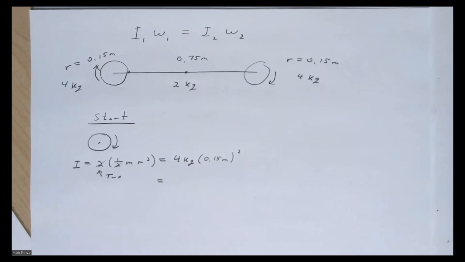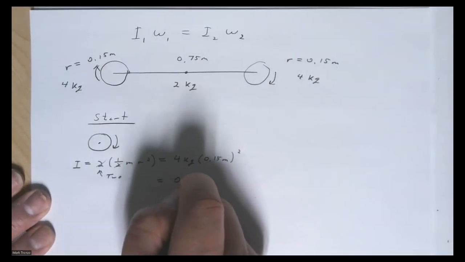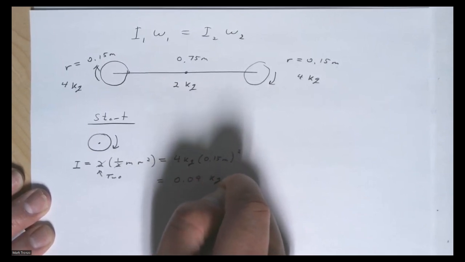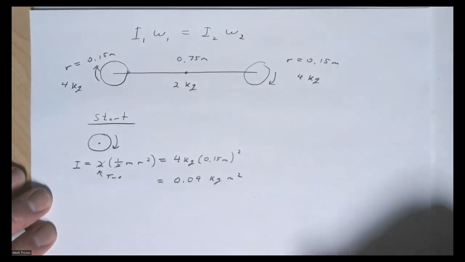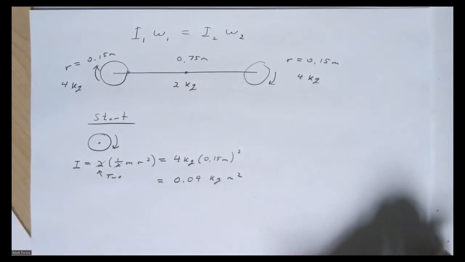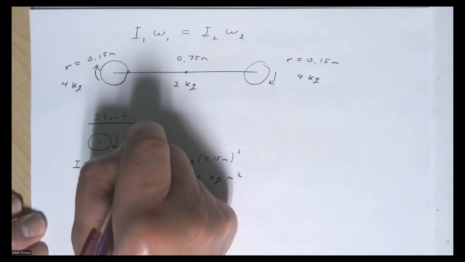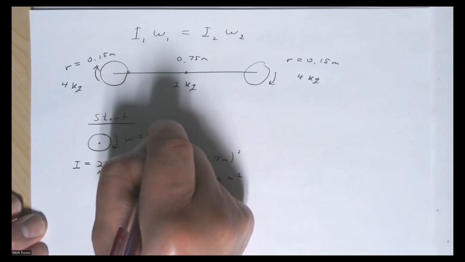And when you put that in your calculator, you get 0.09 kilogram meters squared. And again, at the beginning, they're turning at 5 radians per second.